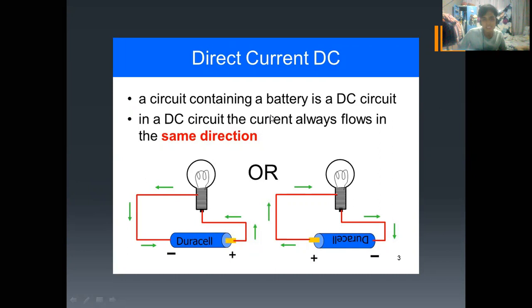In a DC circuit, the current always flows in the same direction. Kung makikita natin, kahit saan siya magpunta, yung flow nung current niya is parehas lang. Kumbaga kung nandito yung positive, magiging galing dito yung daloy ng current natin. Kahit mapa sa kabila nun siya.